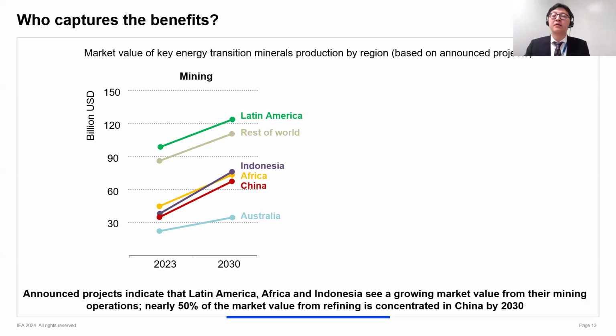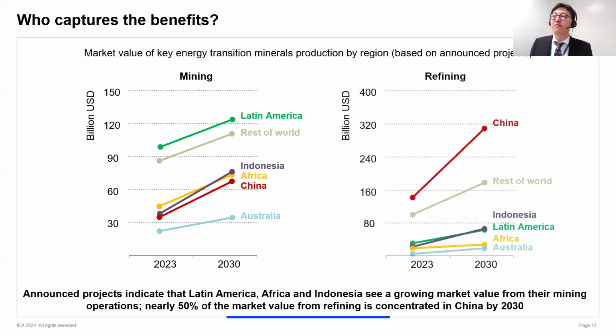For mining, the value is more diversified and dispersed across different regions. Latin America, Indonesia and Africa increase the market value of their mine production quite rapidly in our base case: Latin America for copper and lithium, Indonesia for nickel, and Africa for lithium, cobalt and copper.